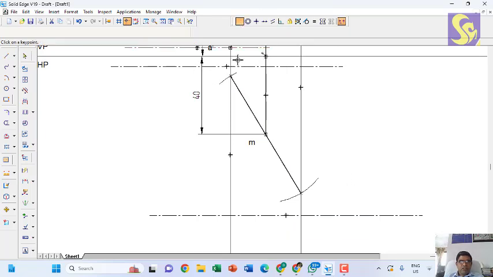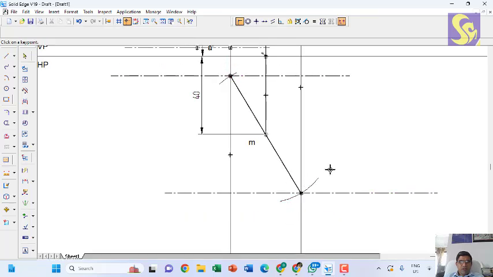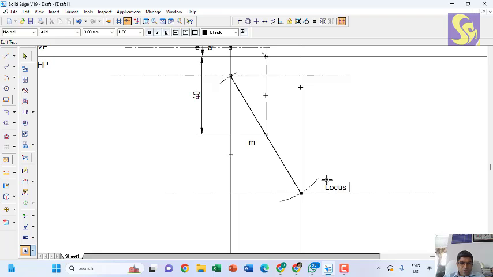I'll use connect, so that I get this is the locus of B in the top, locus of A in the top.